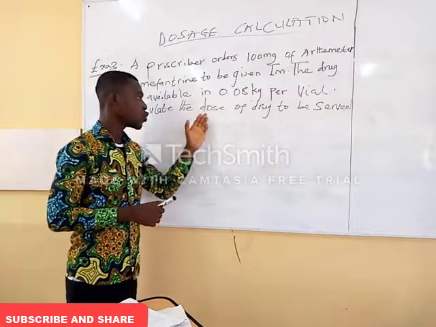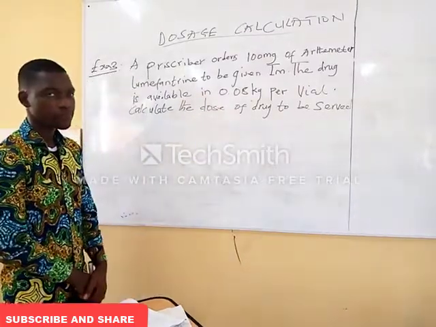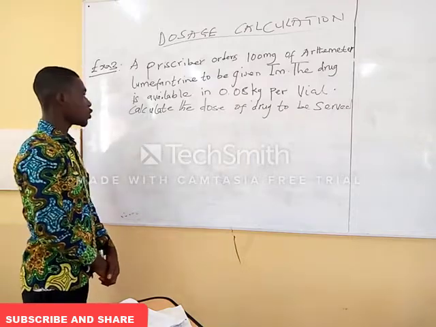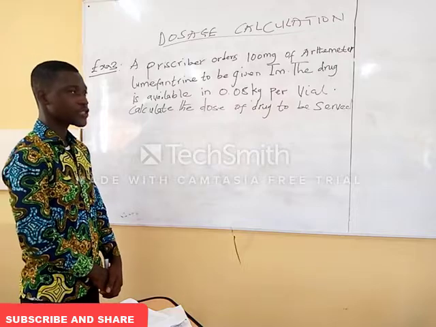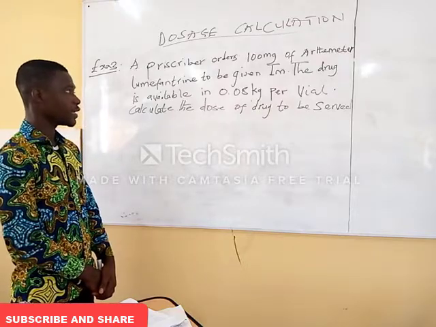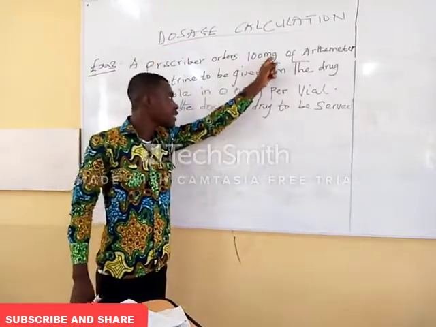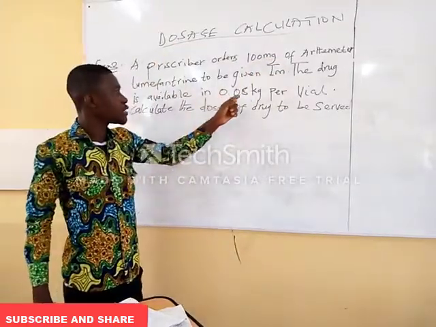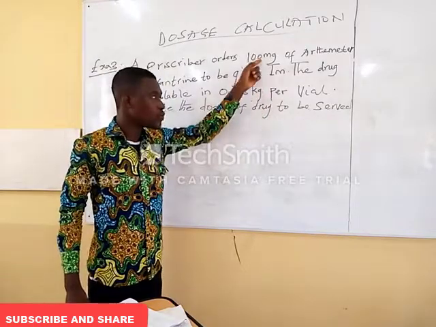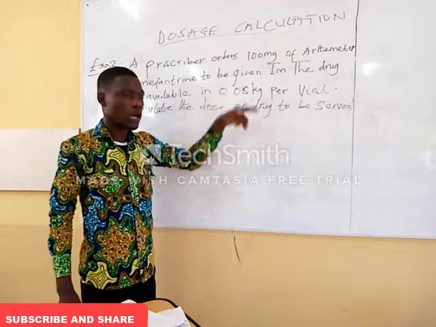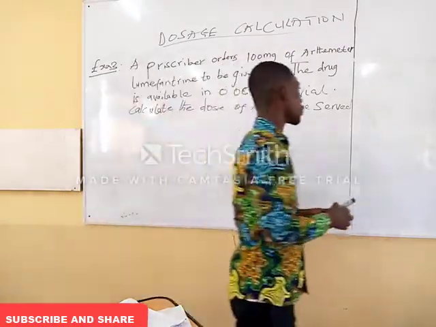Calculate the dose of drug to be served. So there is a slight change in the weight of the drugs. You see milligram here and you see kg here. So there should be a conversion before you can do it. So let's solve our question.